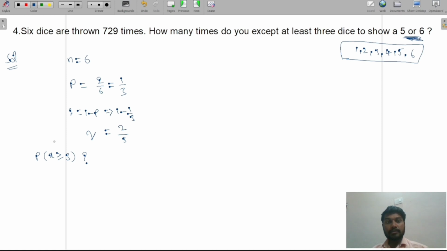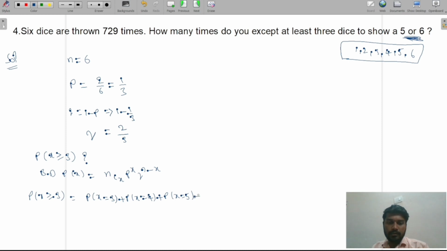I may get 5 or 6 in 4 dice, or 5 dice, or 6 dice. So what is the binomial distribution formula? P(x) equal to nCx p^x q^(n-x). Now P of x greater than or equal to 3 is equal to P of x equal to 3 plus P of x equal to 4 plus P of x equal to 5 plus P of x equal to 6.